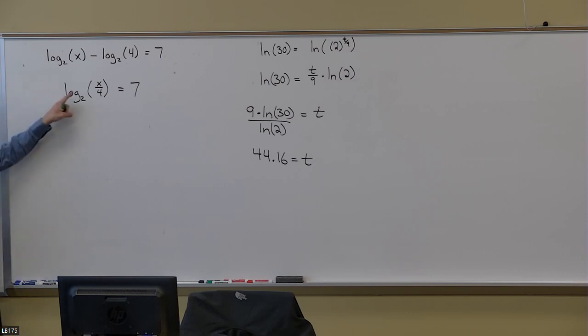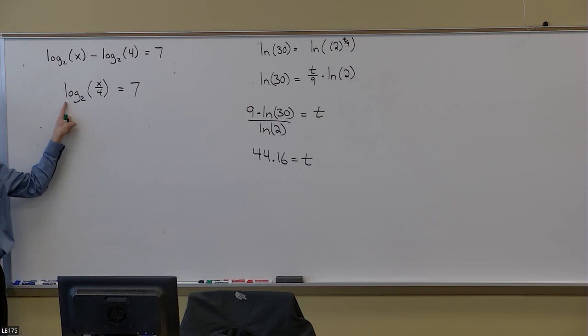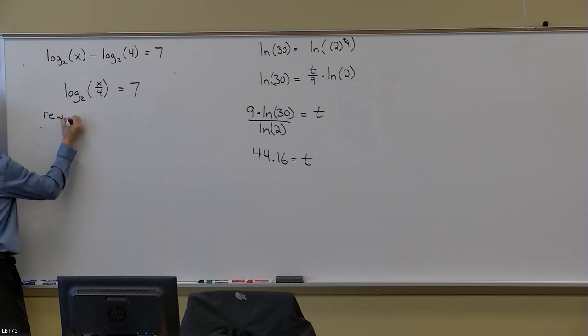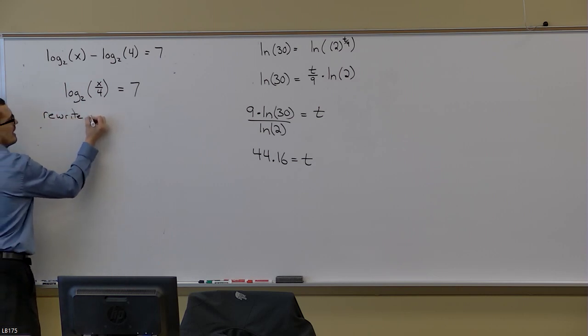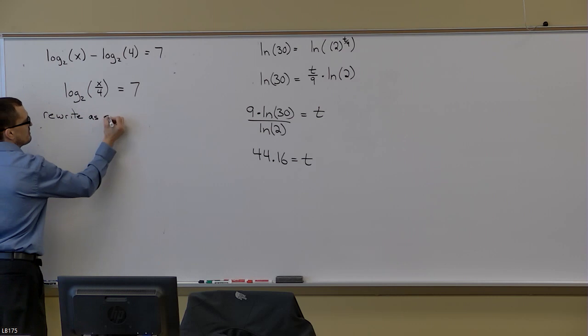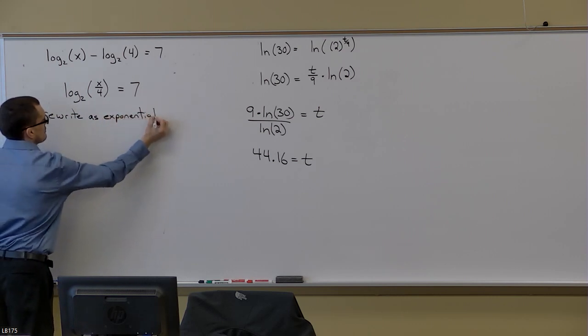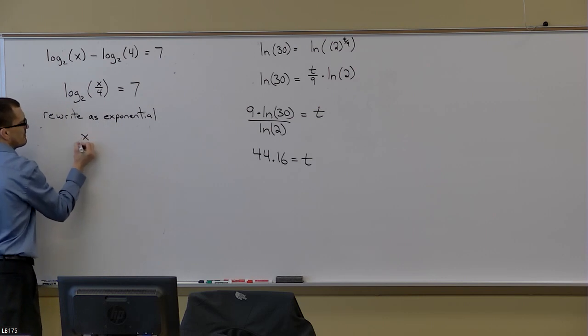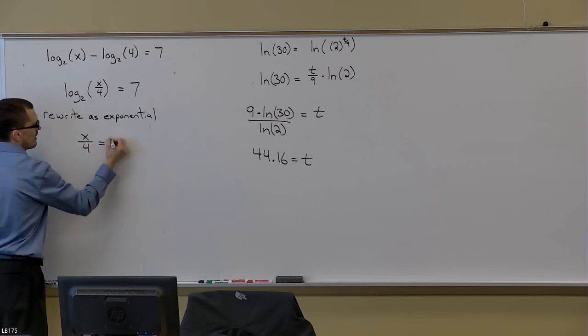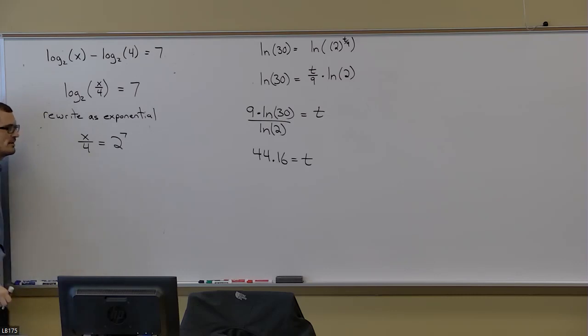And then if I have a variable inside my log, what I'm going to do is rewrite it as an exponential expression, namely x over 4 has to be 2 to the 7th power.